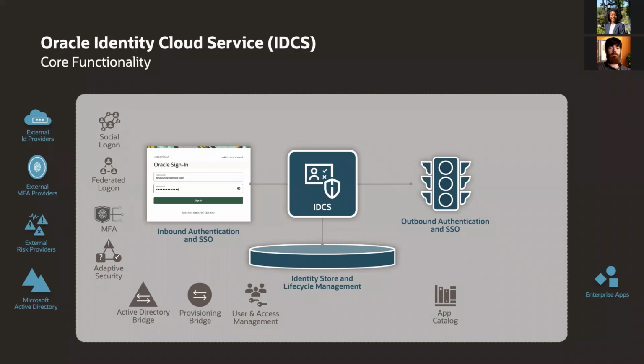And if it doesn't exist within the app catalog, you can also use our built-in wizard in the IDCS console or one of the templates in the catalog to add the application. And so long as the application supports a standard such as SAML, OAuth, OpenID Connect, odds are the time it would take you to create the application in IDCS is not much longer than one that already exists in our app catalog.